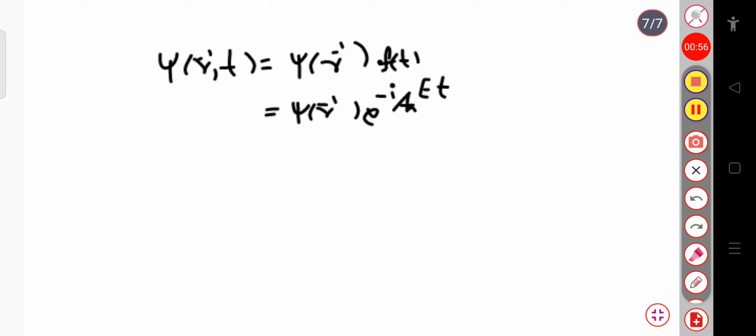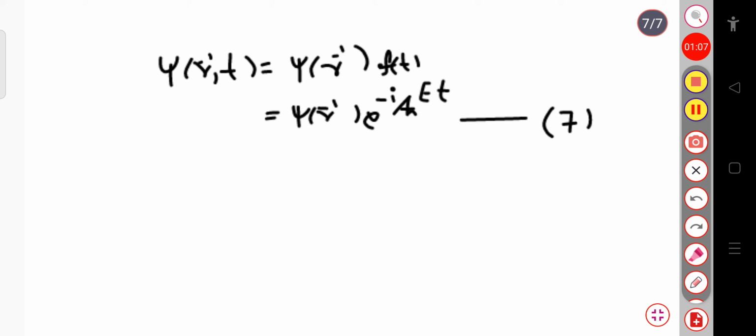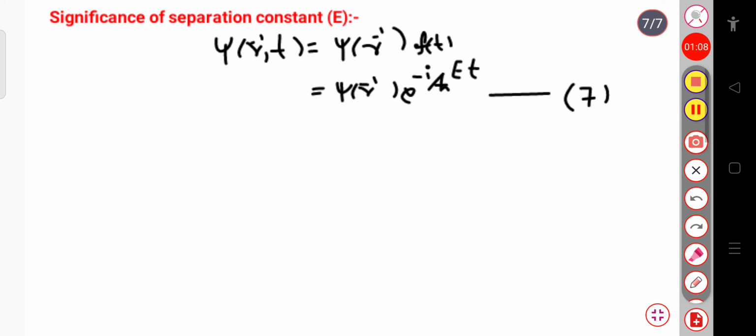So this is our final expression we calculated in the previous lecture, equation number 7. Let me give the title: significance of the separation constant E. Psi of r,t equals psi of r into exponential minus i by h cut E into t.